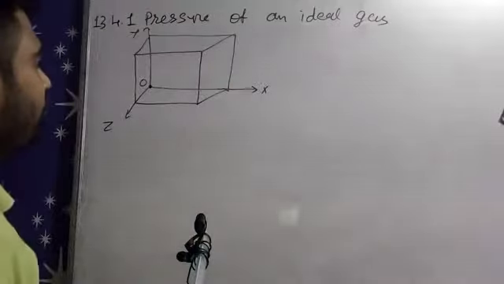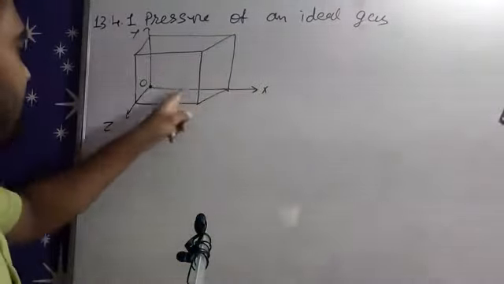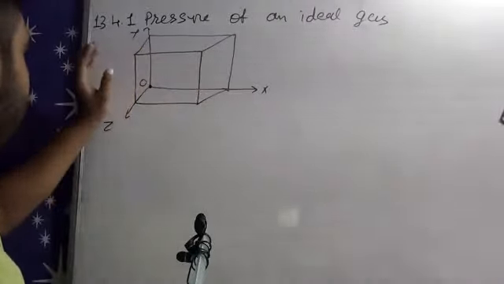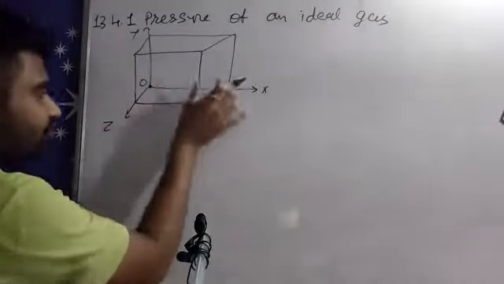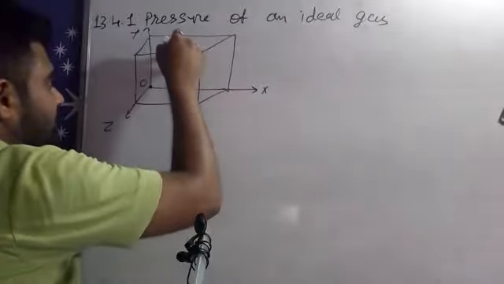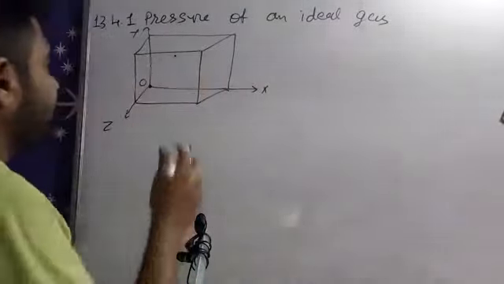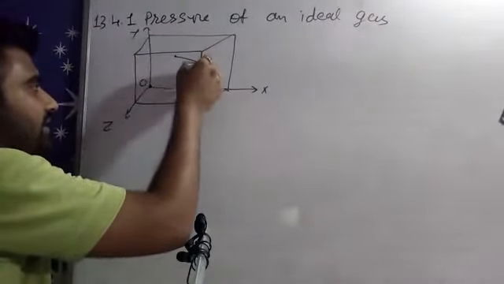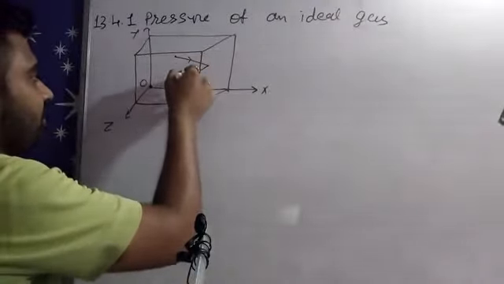Okay, so this plane is actually the yz plane, situated at the x-axis. Here we are assuming only one molecule, and that molecule collides with this plane, and afterwards it moves in this direction, from here to here.